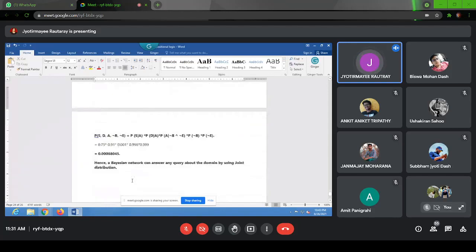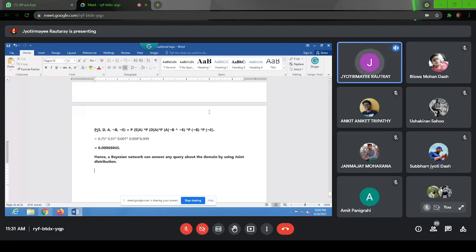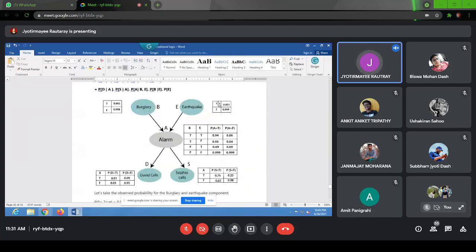And the probability of negation of B, if the probability of B is 0.002, negation of B will be 0.998. The probability of negation of E, this is given for earthquake, the true value is 0.001 but the question is negation of E, so 0.999.